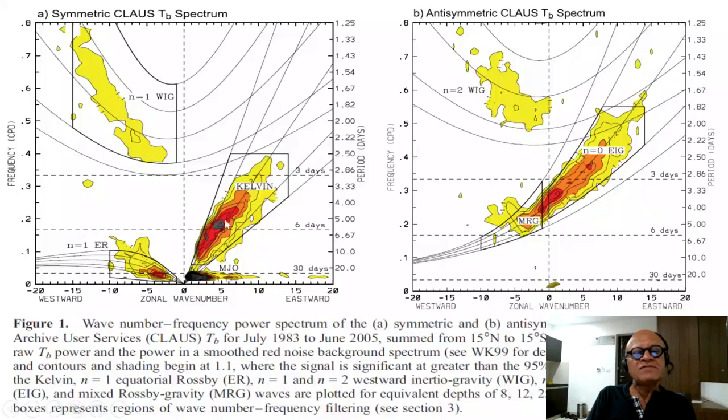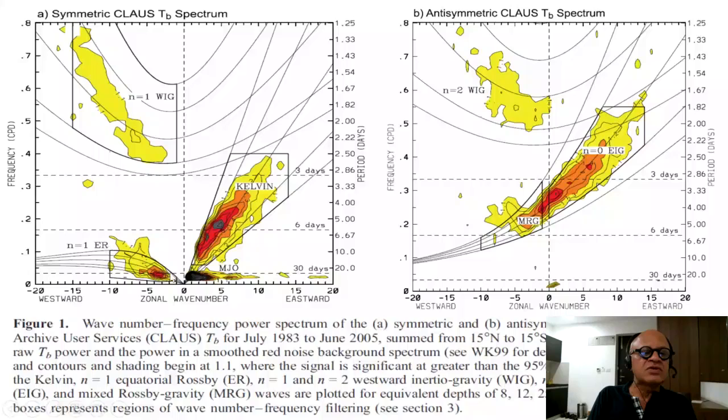So Kelvin waves have positive zonal wavenumber, so they are eastward propagating, and you can see that for different equivalent depths they have constant slopes, so they are non-dispersive. If you do d omega dk, omega is the frequency, group speed is d omega dk, which is the speed with which energy moves, and phase speed is that with which each waveform moves. So the packet of waveform moves with the group speed, and that corresponds to the energy propagation.